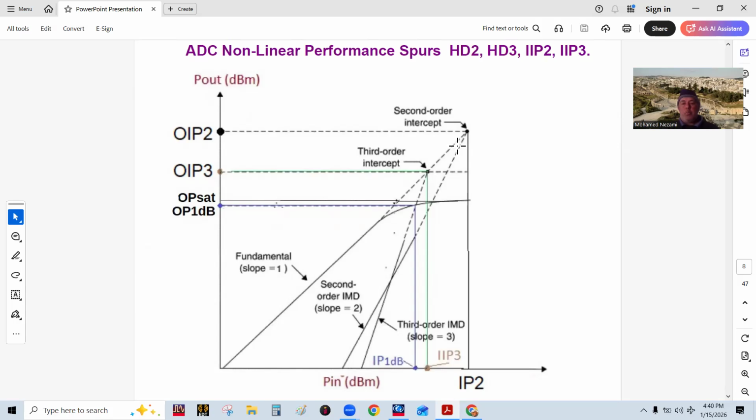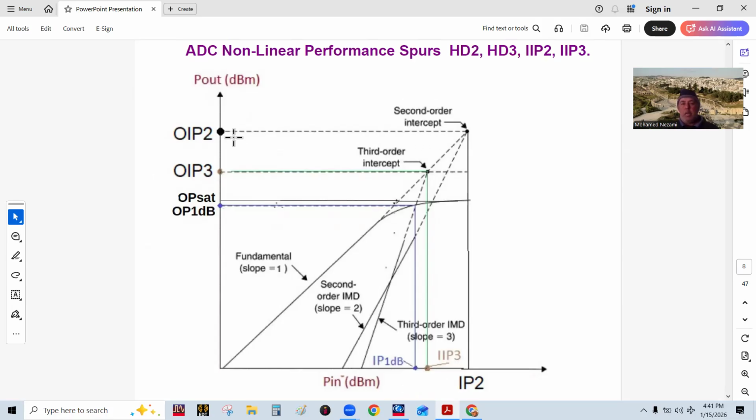And those interception points are called the second order intercept point and the third order intercept point. And they correspond to IP2, IP3, and OIP2 and OIP3, which are the input and output second order and third order intercept points.